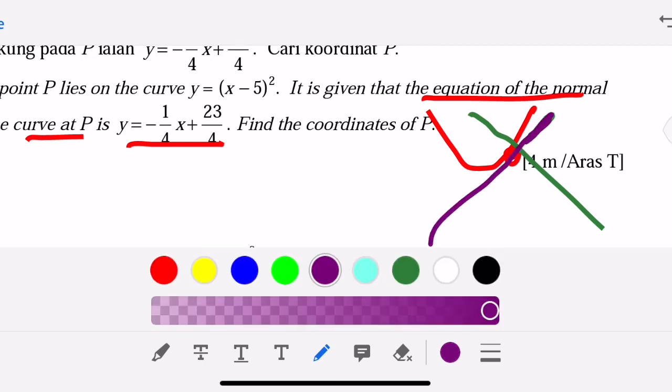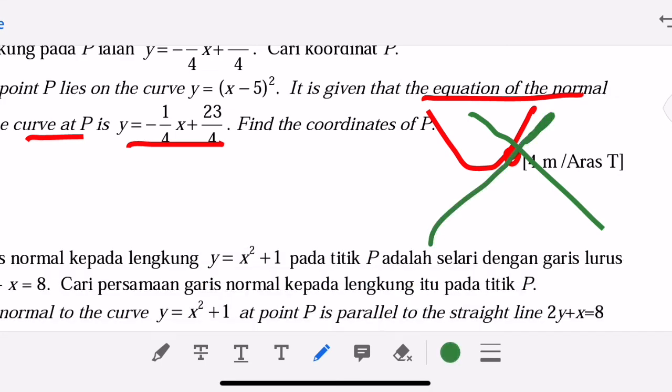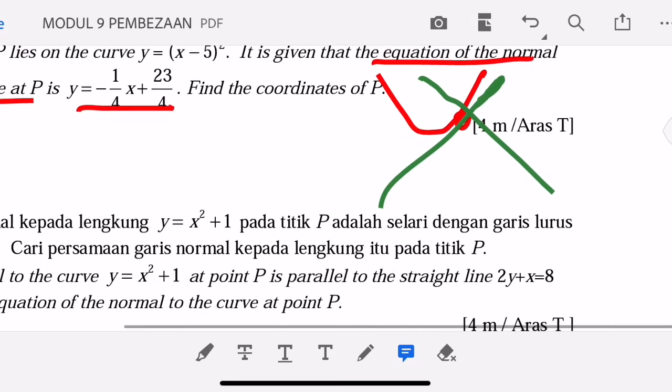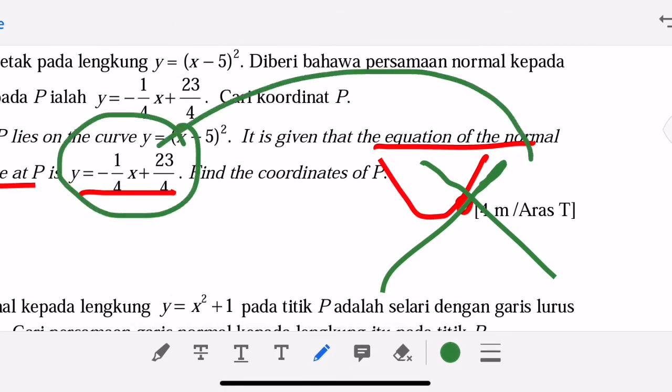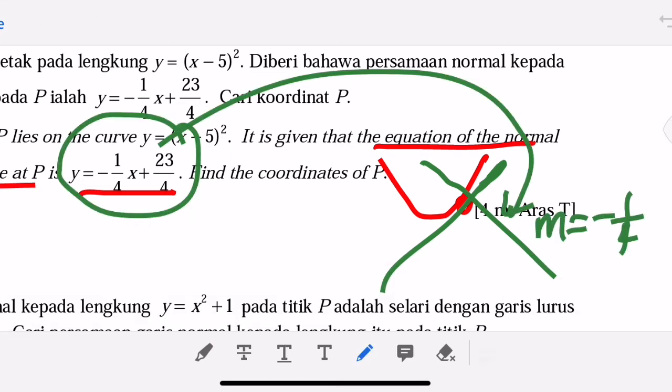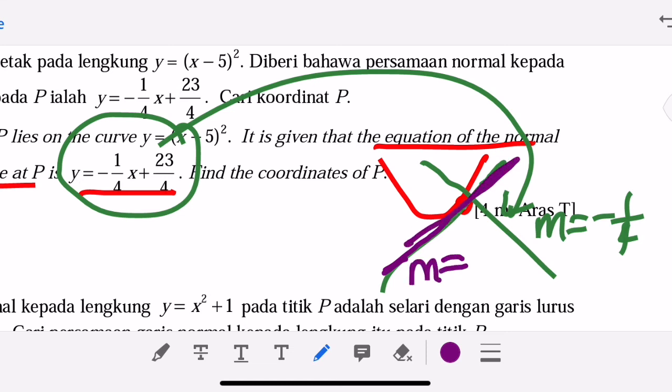Since they gave you the green line, this line is actually the normal. So that means your m is negative 1/4, right? And the tangent is actually this line, so the m is 4, right?